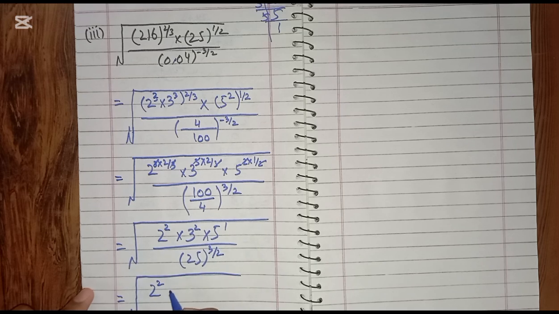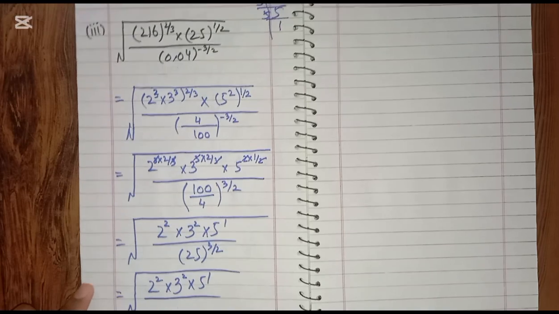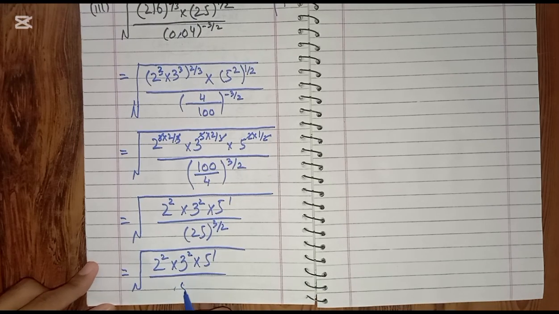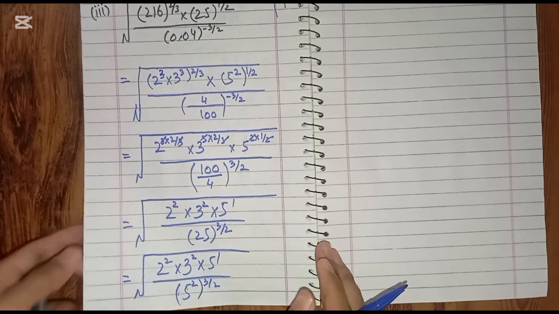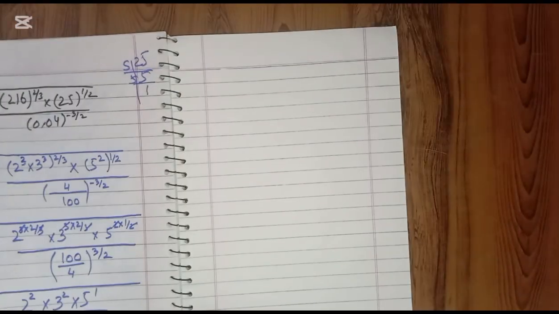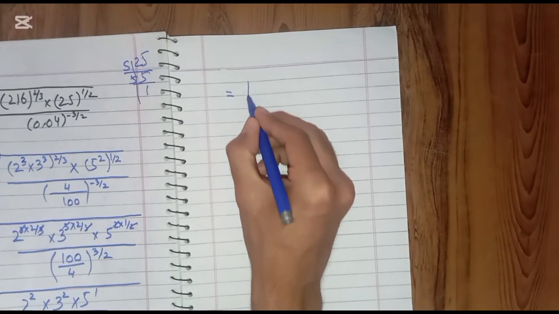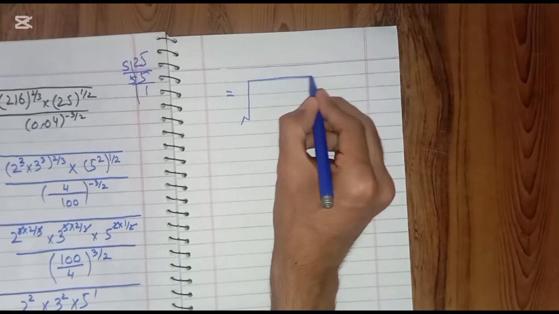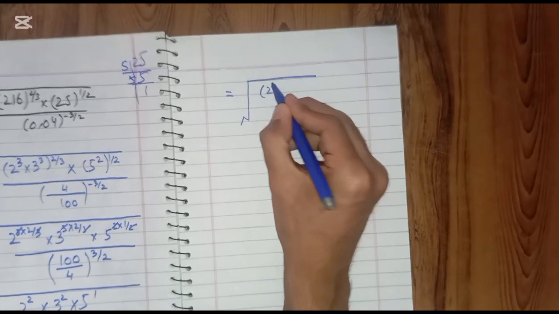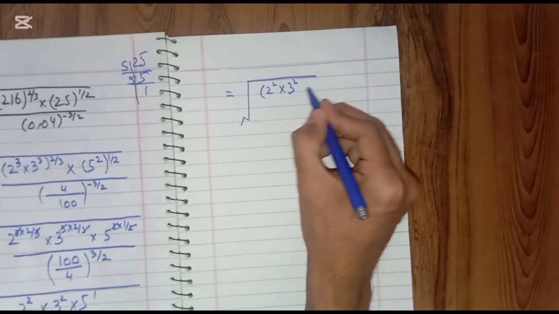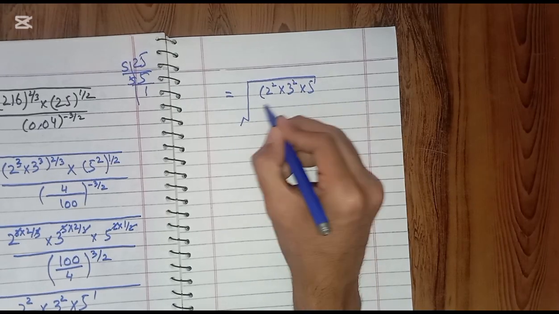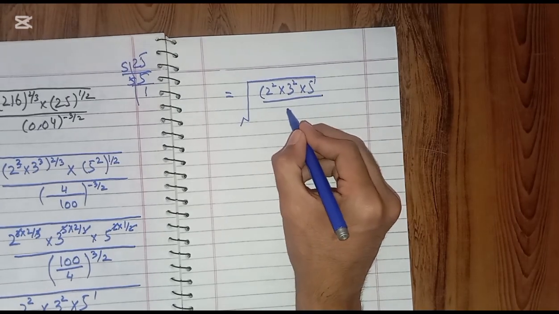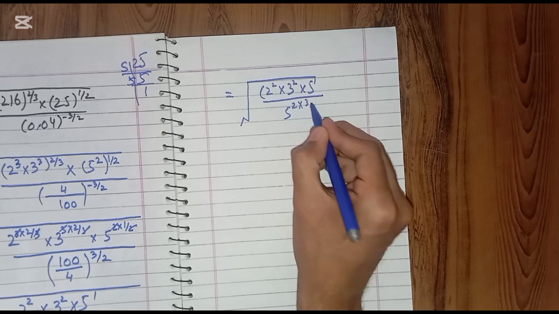2 power 2 multiply 3 power 2 multiply 5 power 1, and 25 can be written as 5 power 2, and its whole power is 3 by 2. Then we write it as 2 power 2 multiply 3 power 2 multiply 5 power 1 over 5 power 2 multiply 3 by 2.